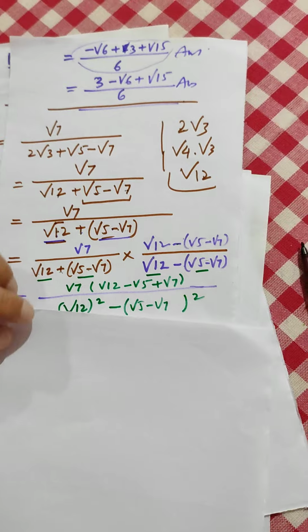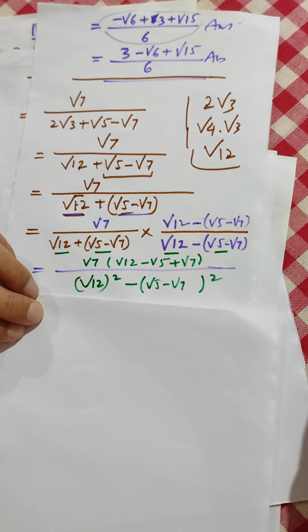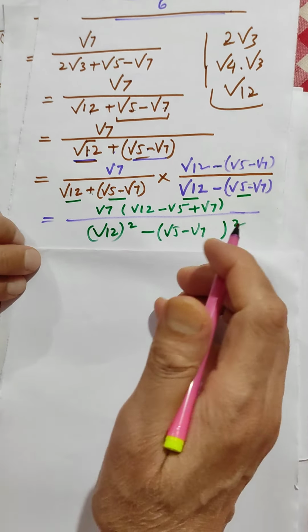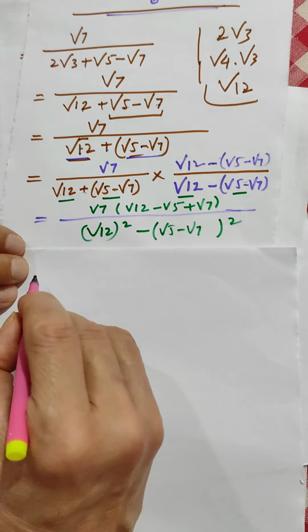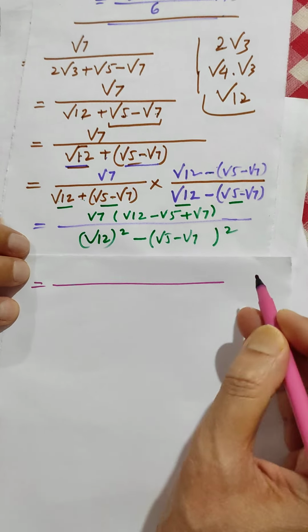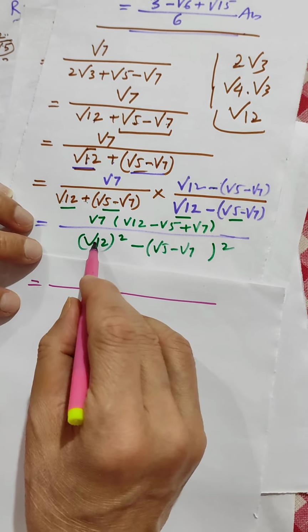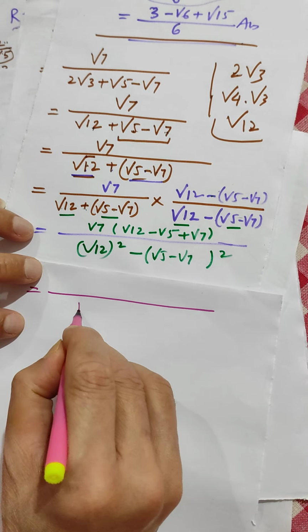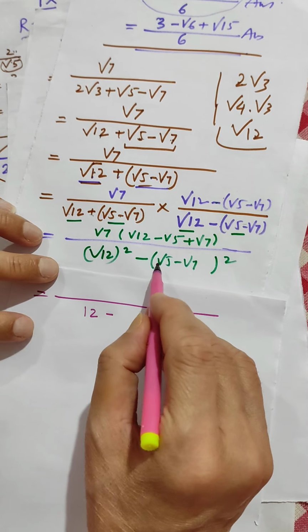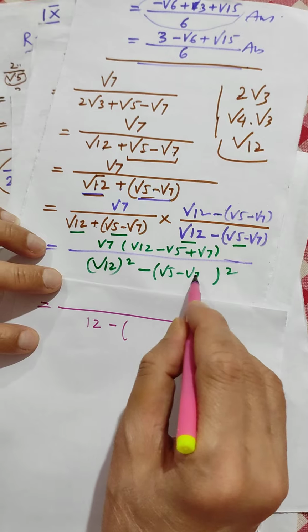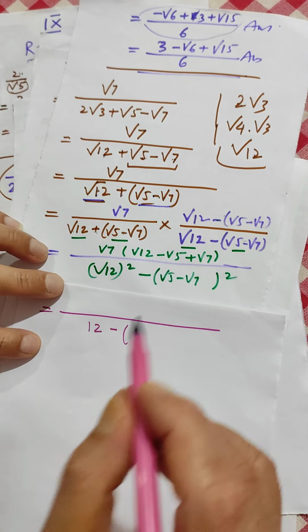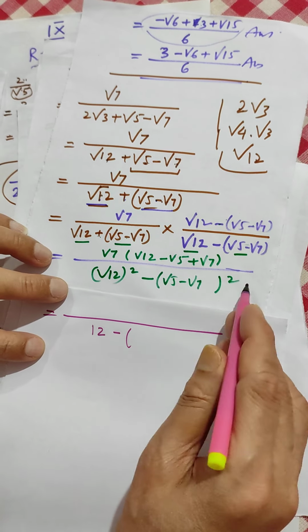Okay, now next step. Yes, that is equal to now. Yes, so root 12 square is what? 12 minus, here you have to use the formula a minus b whole square. Now a minus b whole square is a square plus b square minus 2ab.